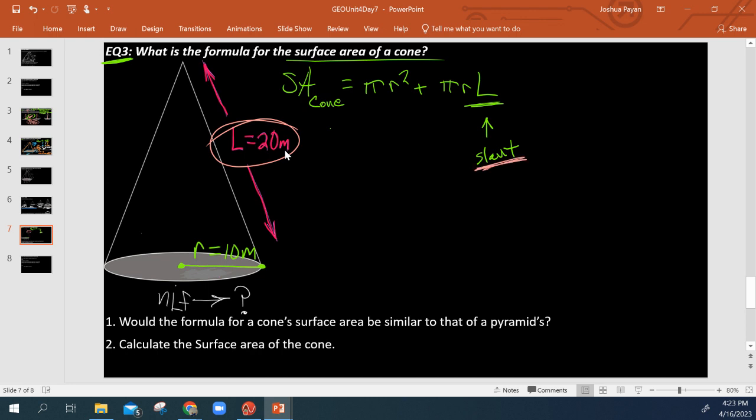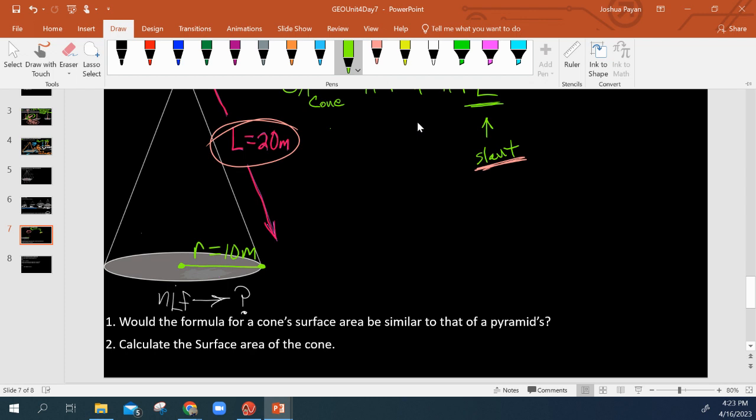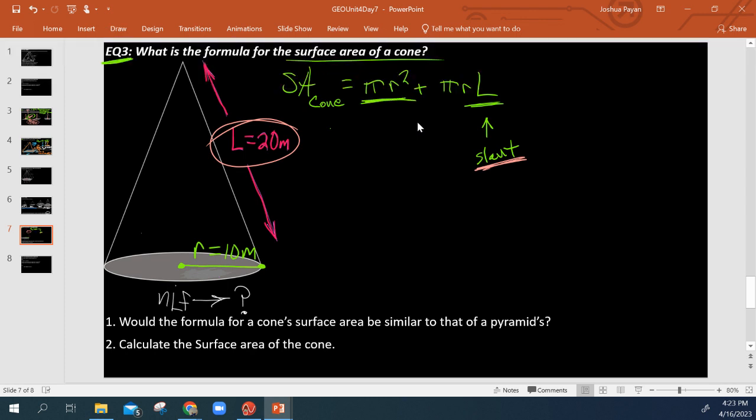And obviously, this right here is the area of the base, which of course is a circle. And we have everything we need. We have the radius, we have the slant length, which of course you're not going to always have, but we're good enough with trig, among other things, to easily be able to calculate anything we're missing.